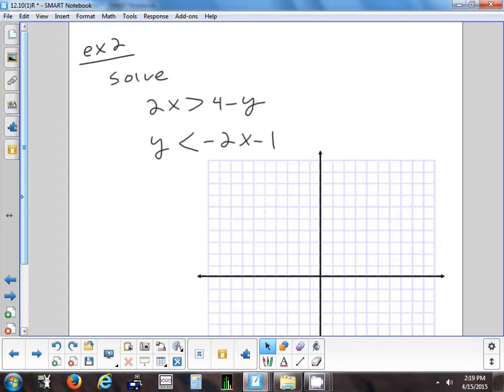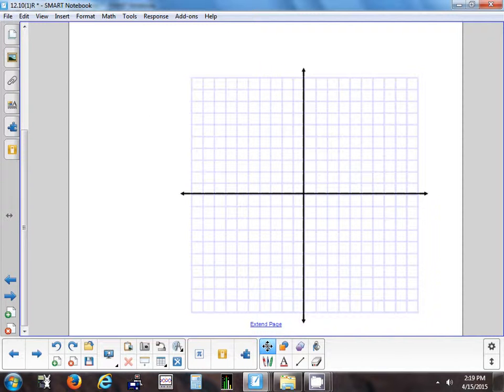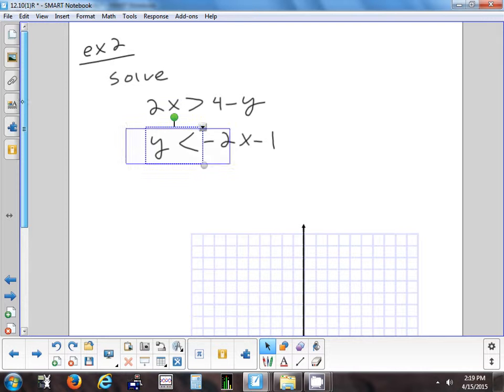All right. So this one, okay? Bottom inequality. Good or no good? Bottom one's good. What's wrong with the top one?